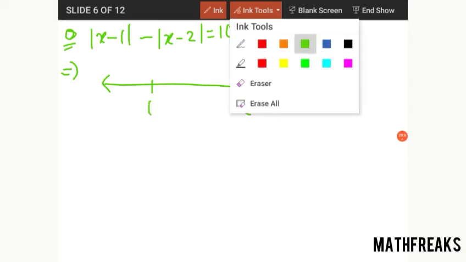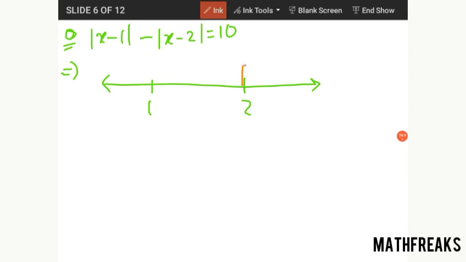Now again make cases. First region is x is greater than or equal to 2, case 1. For this case, this one will always be positive because x minus 1, and we have taken x greater than or equal to 2, positive.